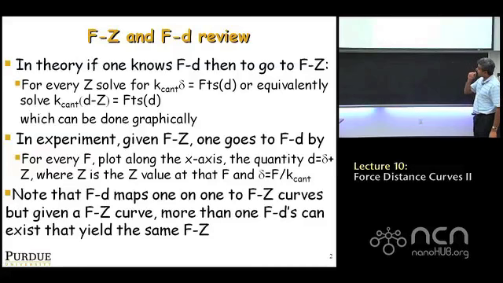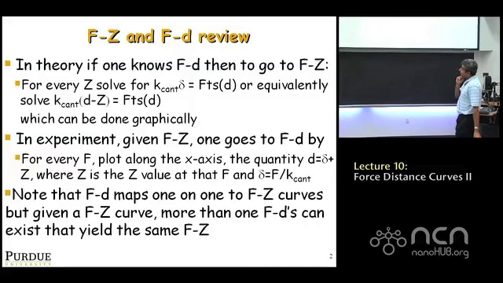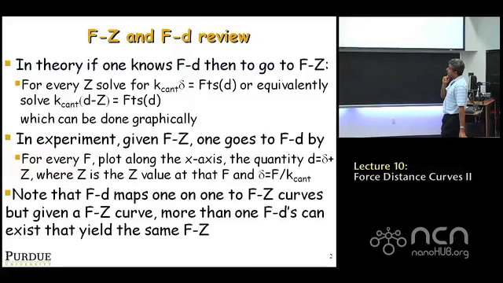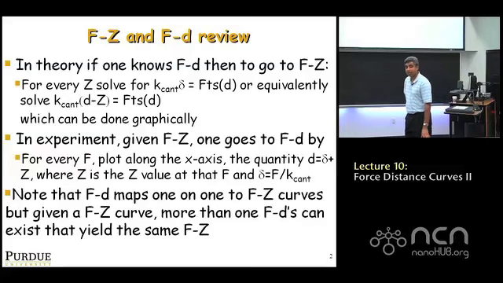So that's what we're asked to solve. For every Z, you would solve this equation, k delta equals F_TS(d). We showed you from basic geometry that delta, the cantilever deflection, is nothing but d minus Z, d being the tip-sample gap separation, and Z being the Z motion. This was done.